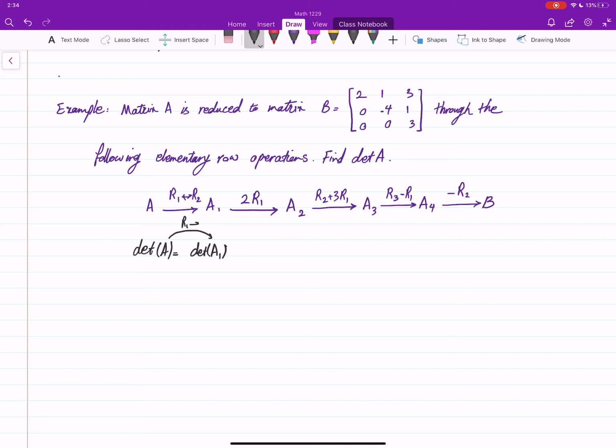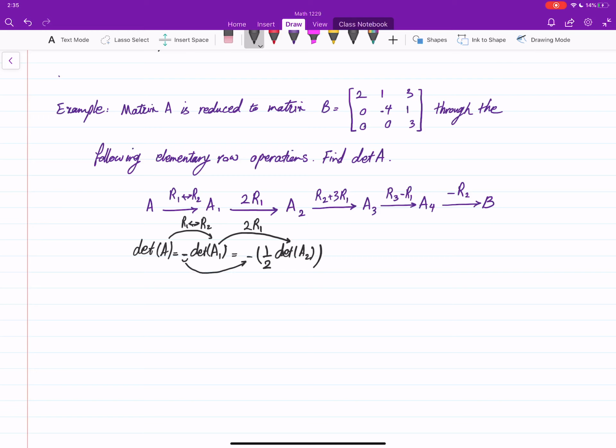Then our determinant will be multiplied by a negative sign. Then A2 is obtained from A1 by multiplying row 1 by 2. It means that determinant of A1 is going to be 1 over 2 determinant of A2. Well, there was this negative sign. We should bring that. Don't forget that one.